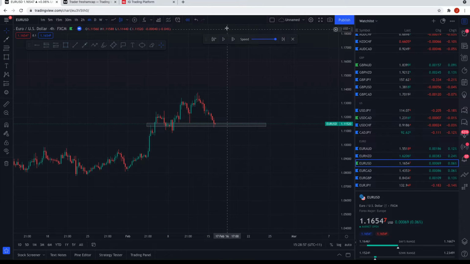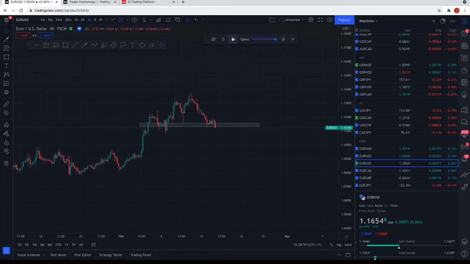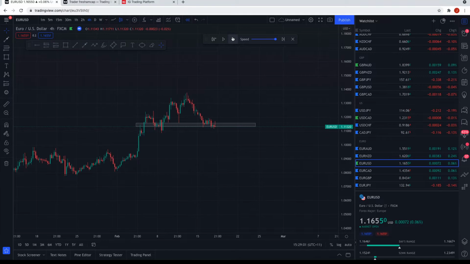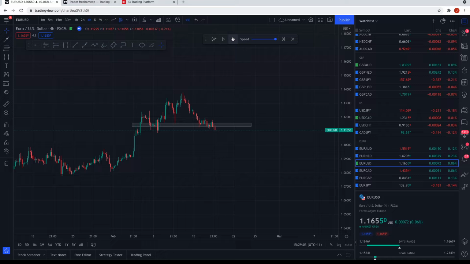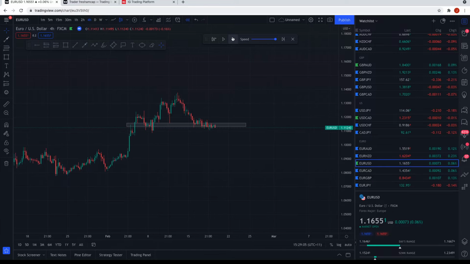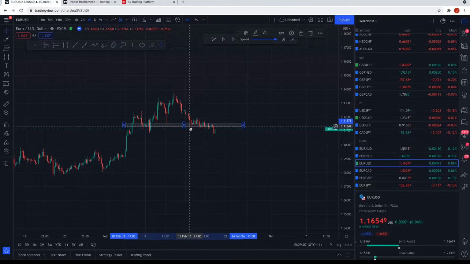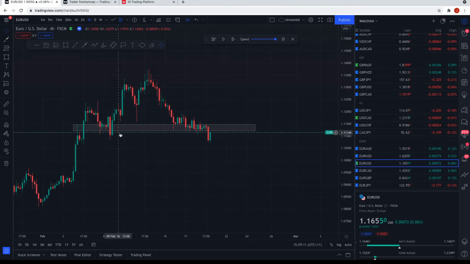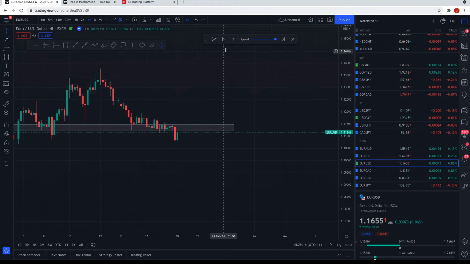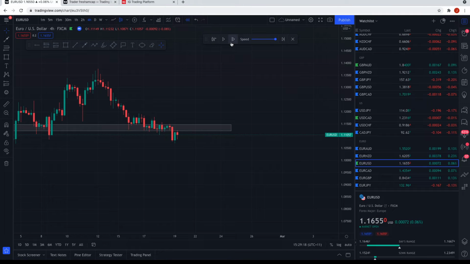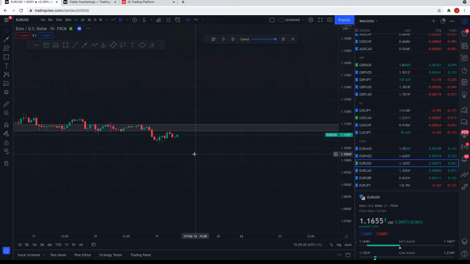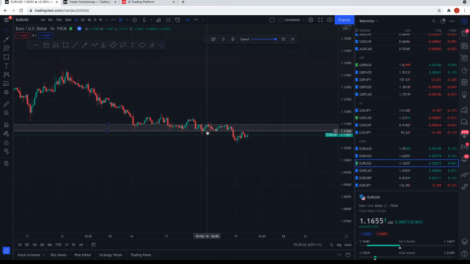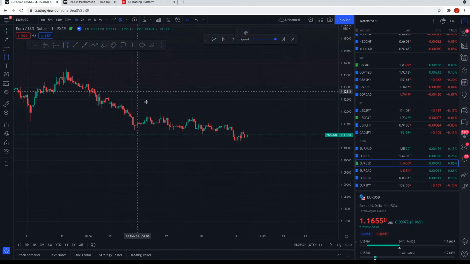We have structure down here. See how price reacts. Okay. So I'm not too concerned about this structure here. I'm more focused on these recent candles. So there we have price coming back into this zone. It's not the cleanest setup.